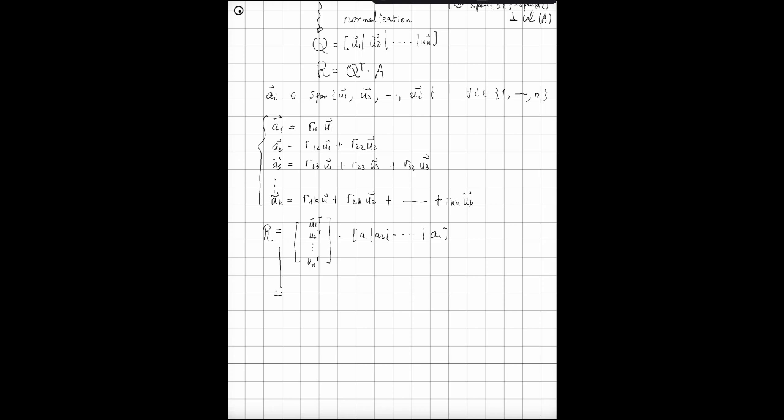If you do the multiplication, first row, first column, U1 dot product A1, first row, second column, U1 dot product A2. Similarly, second row, first column, U2 dot product A1, etc.